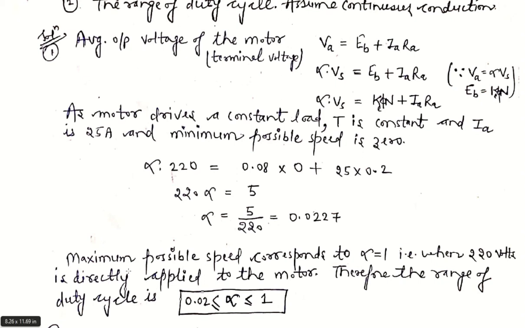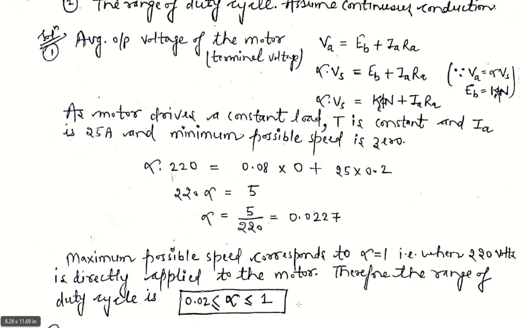If we want to find the maximum possible speed, it is possible when the chopper has duty cycle alpha equal to 1, because if the duty cycle is 1, then the full DC input voltage is supplied to the DC motor terminals. So the maximum possible speed corresponds to alpha equal to 1, that is, 220 volts directly applied to the motor.